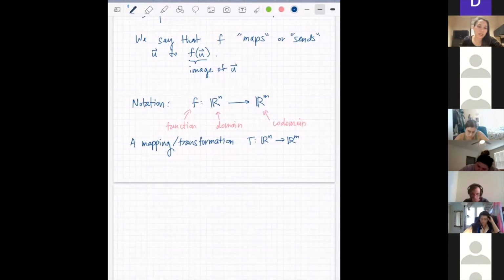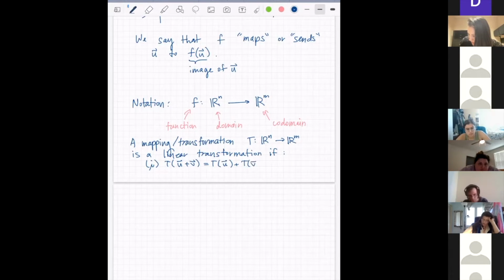A transformation T is a linear transformation if you have two things. The first is that T applied to U plus V is equal to T of U plus T of V. This is for all U and V in Rn.